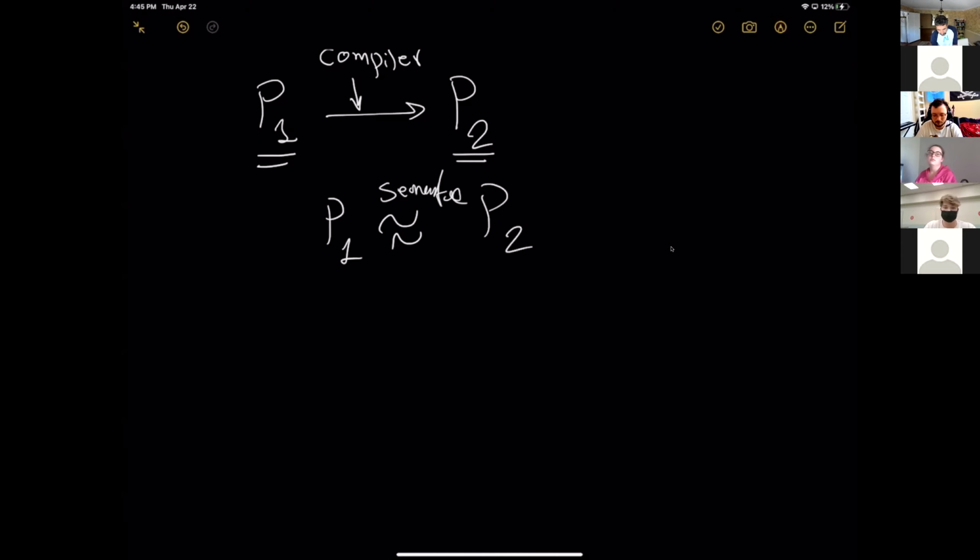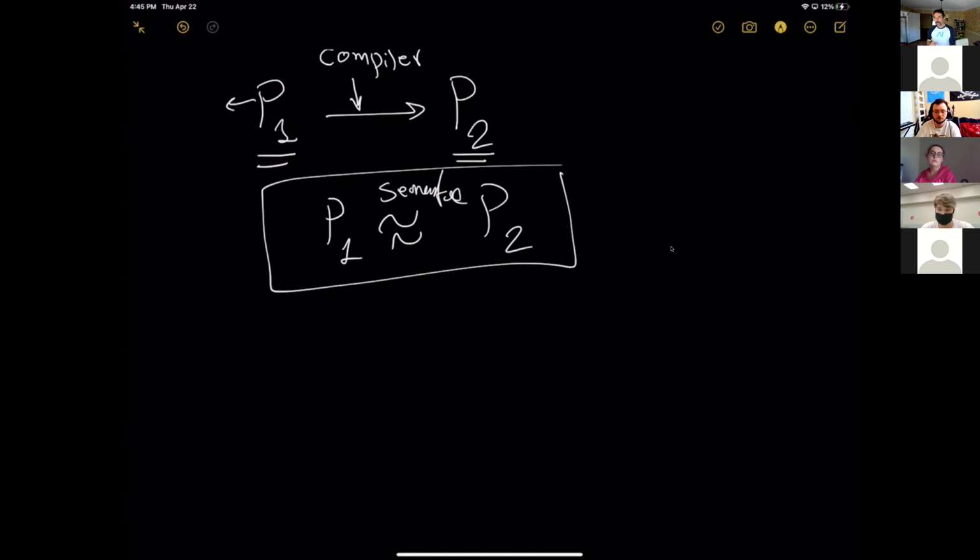And when we have this relation, this means that at the semantic level, and by semantic I mean if we want P1 to add the values of two arrays, we should get the same result after we execute P1 and also after we execute P2.